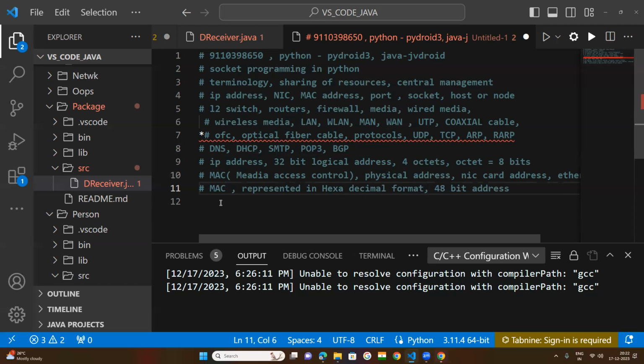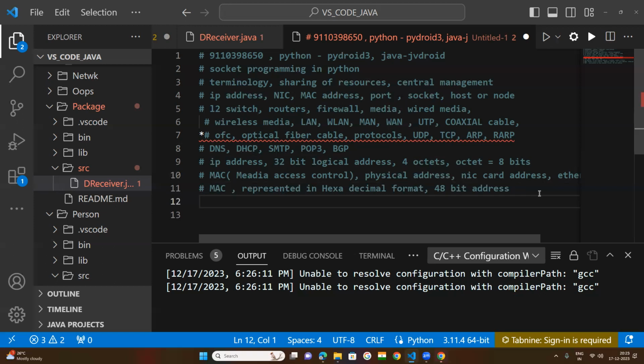Normally, we consider the MAC address as a layer 2 address. As a computer software engineer, apart from programming, you need to study many topics: DBMS, database management systems, operating systems, computer networks, computer architecture.